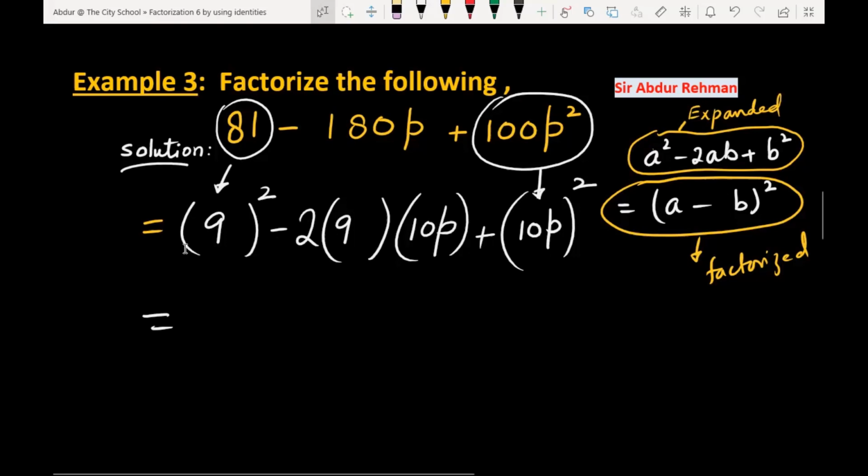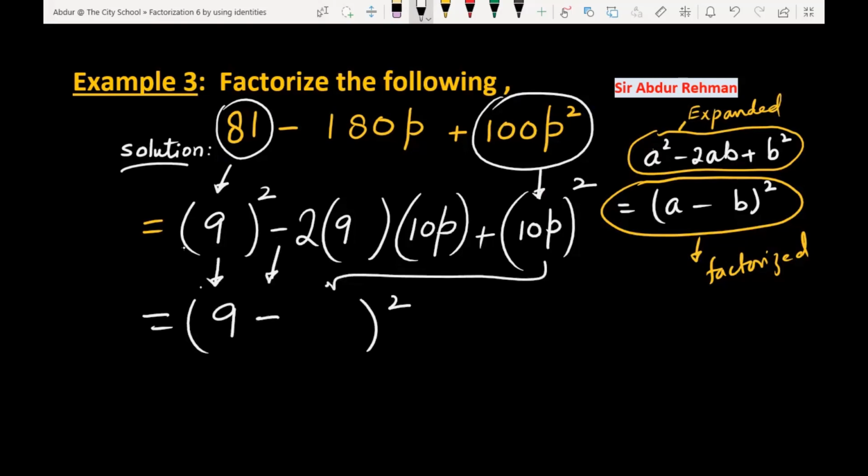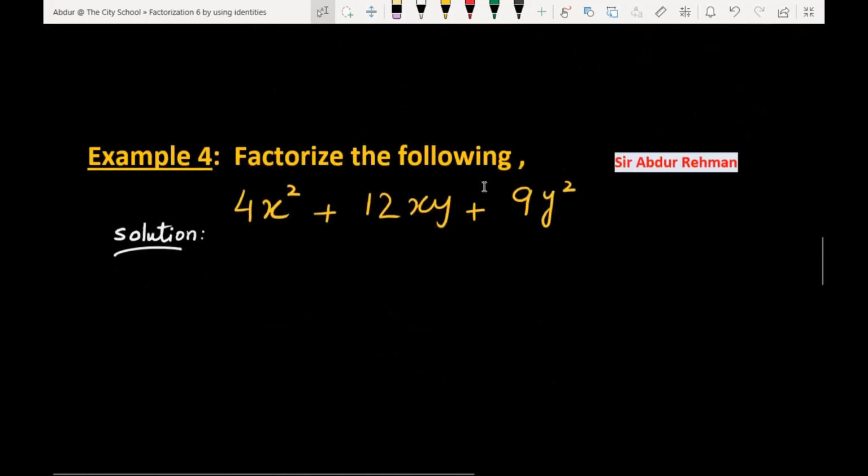So in factorized form, a is copied here, the minus sign is copied, and the b is 10p. So I'm going to write 10p here. This is your final answer, the factorized form of this quadratic expression, or trinomial. So move on, example number 4.